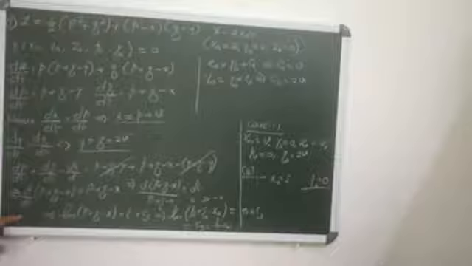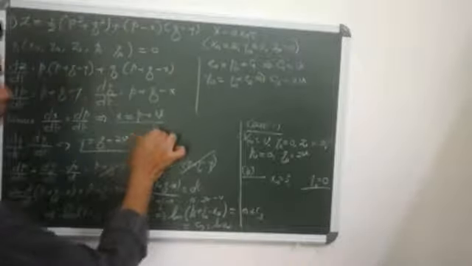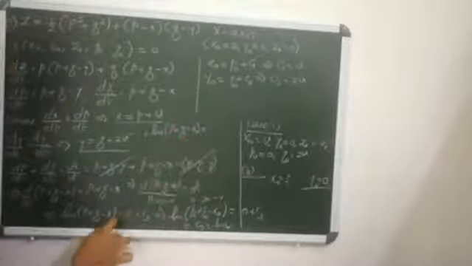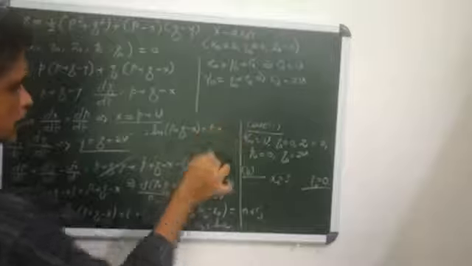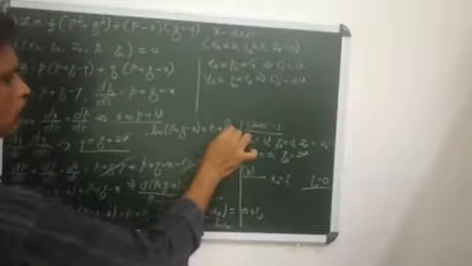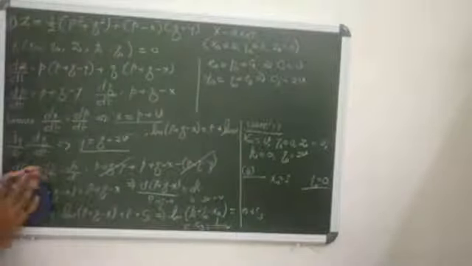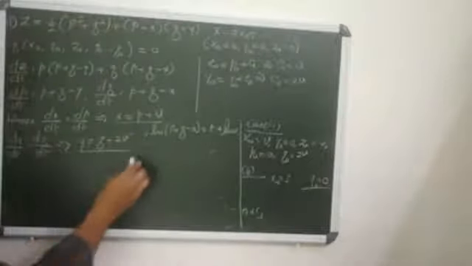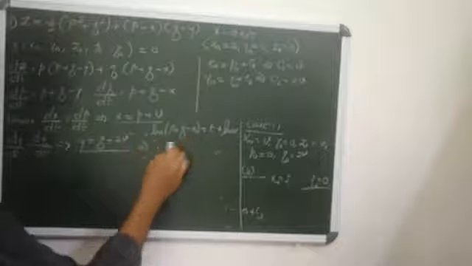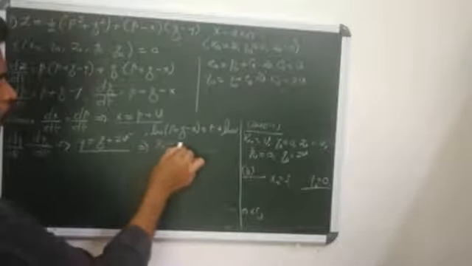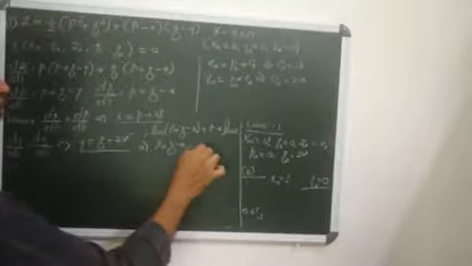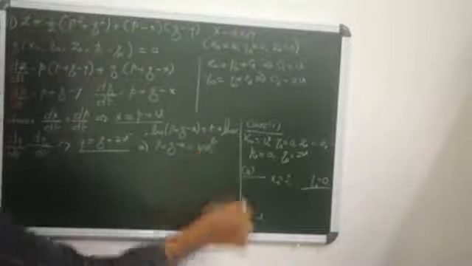So from here, what do you get? Log of p plus q minus x equals t plus c3, and c3 is log v. This implies log of a by b, so p plus q minus x by v equals t, so p plus q minus x is v into e power t.